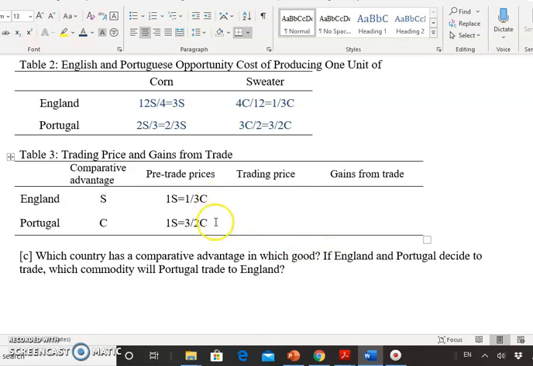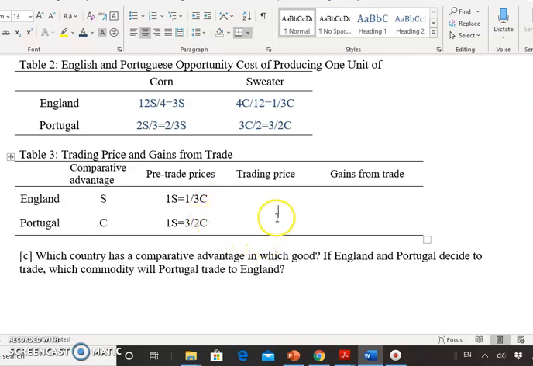In reality, many other factors, like labor productivity, shipping cost, and tastes and preferences in both countries, all of these factors will determine where exactly the trading price would be. But we know for sure it's going to fall into this range. So it's going to be greater than 1/3, but less than 3/2.